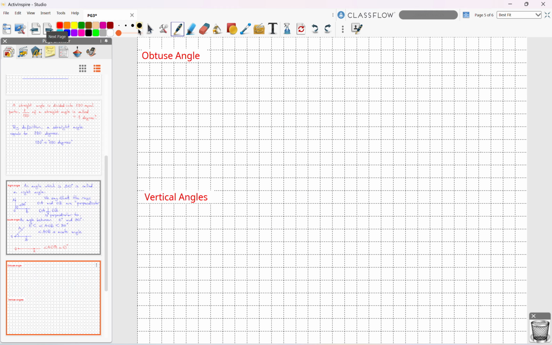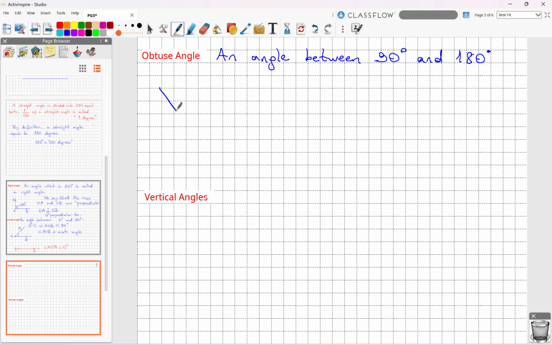Lastly, let's talk about the obtuse angle and stop at this video. An obtuse angle is an angle which is between 90 degrees and 180 degrees. Remember, that was a 90 degree angle, a right angle.